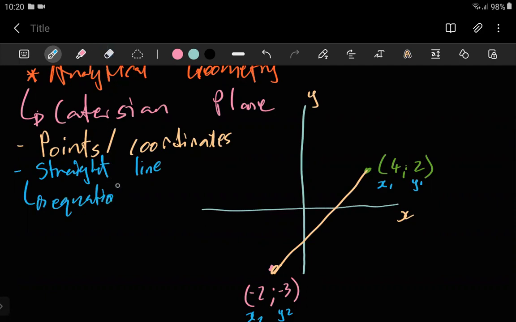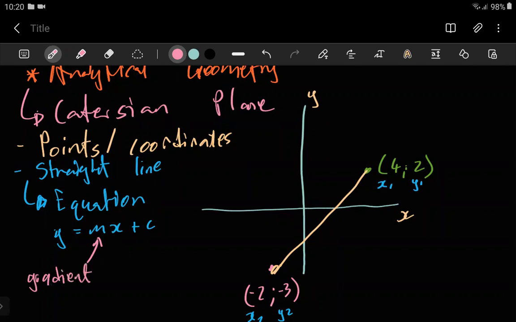With a straight line, let me put equation as a mini heading. A straight line obviously has an equation, which is y is equal to mx plus c. Now, what we already know is that m is the gradient.